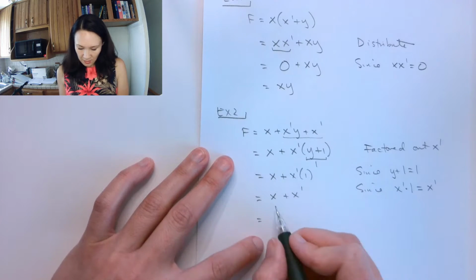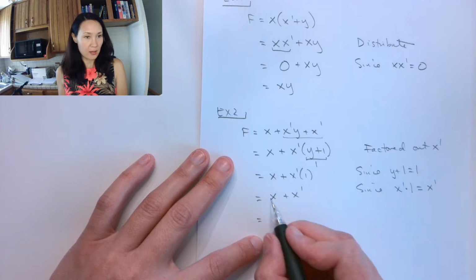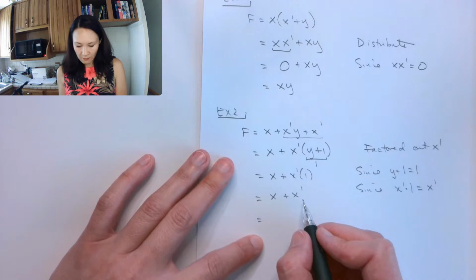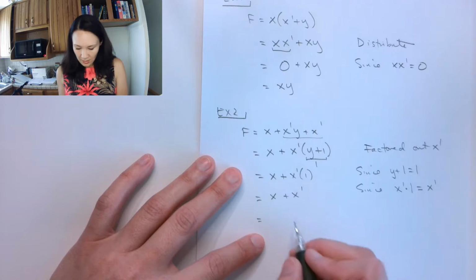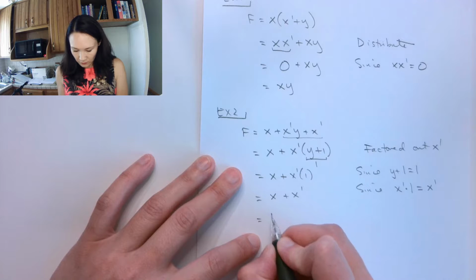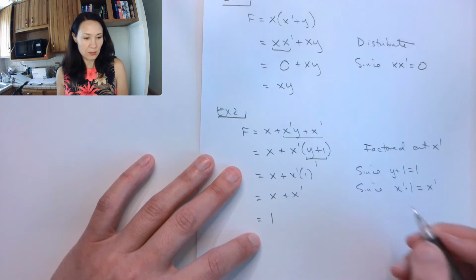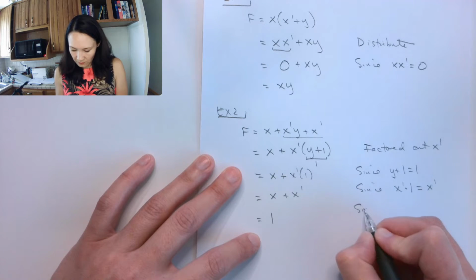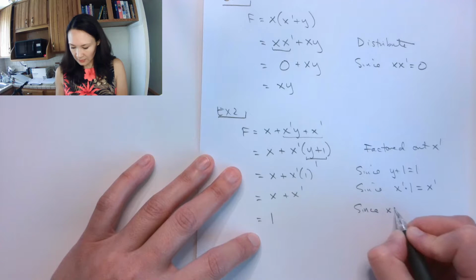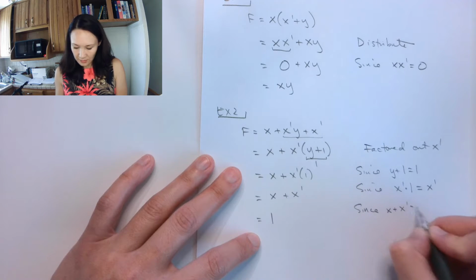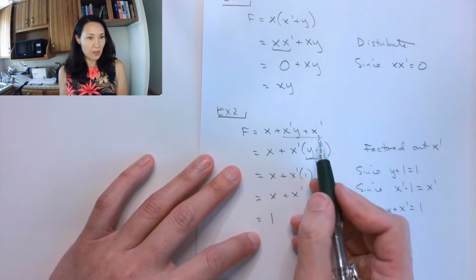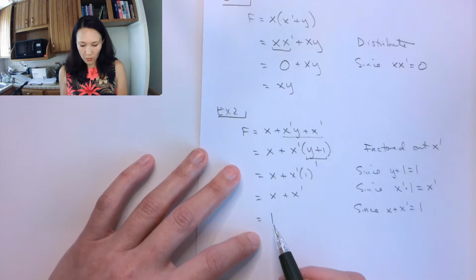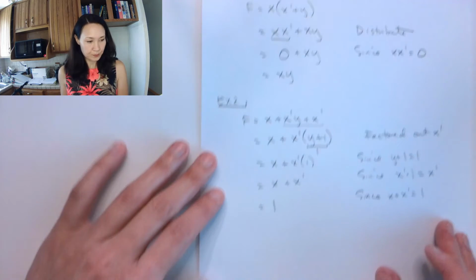And then x ORed with x', one of these has to be a 1 and one of them has to be a 0. So if we're ORing something where one of them is a 1, then our result is just going to be 1. And this is from the identity that tells us that x or x' is equal to 1. So this entire function just minimizes to 1. So that means it's always true.